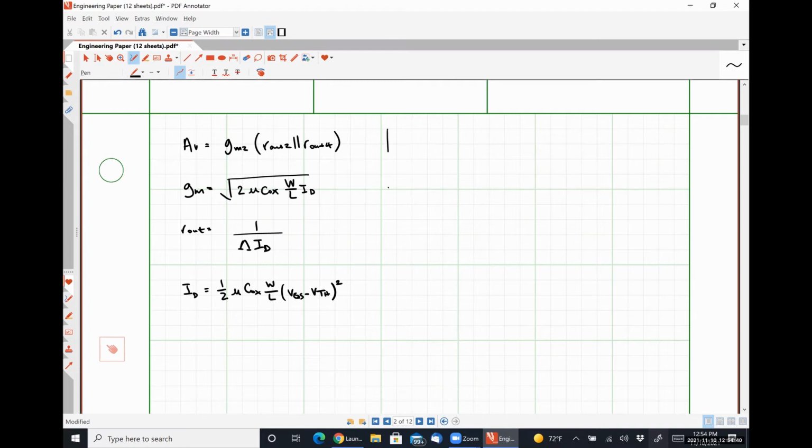So we have to choose W over L 1, 2 such that GM 1, 2, and R out 1, 2 are as large as possible.